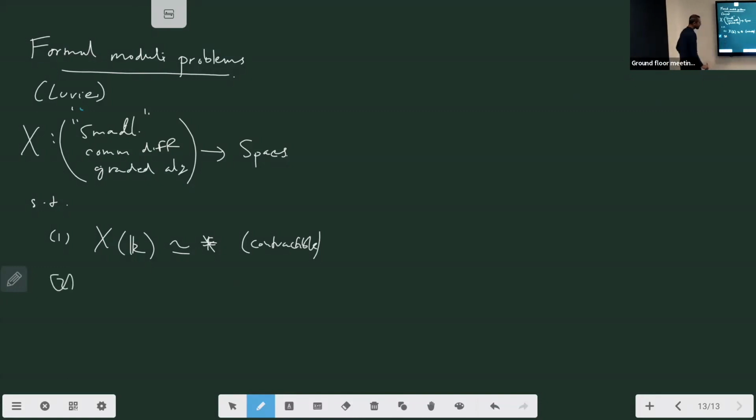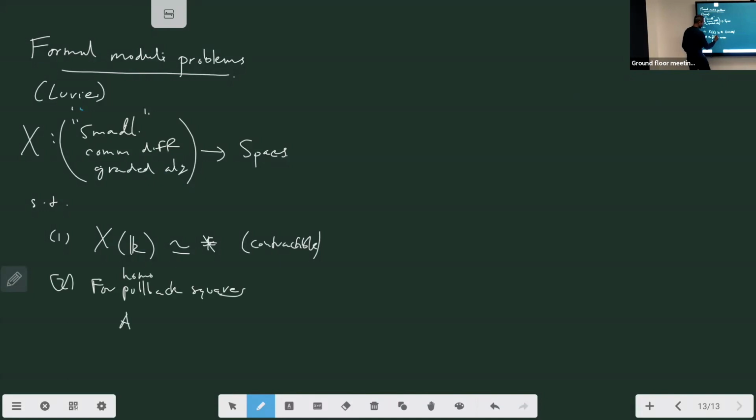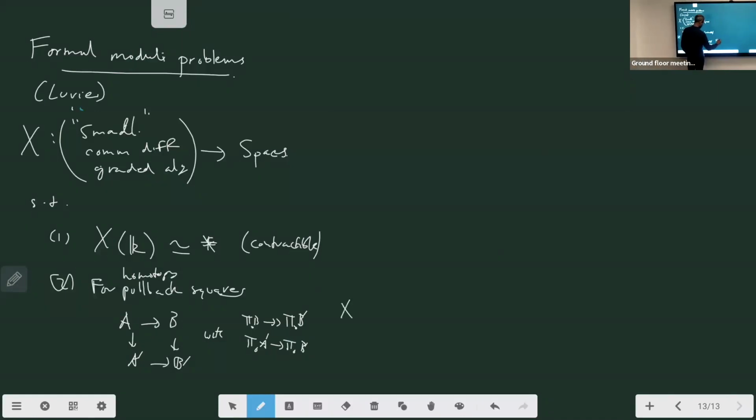And for pullback squares, like homotopy pullback squares, A, B, B prime, A prime, with pi0 A mapping surjectively onto pi0 A prime, and pi0 B mapping surjectively onto pi0 B prime, X of A, X of B, X of B prime, X of A prime is a pullback square.